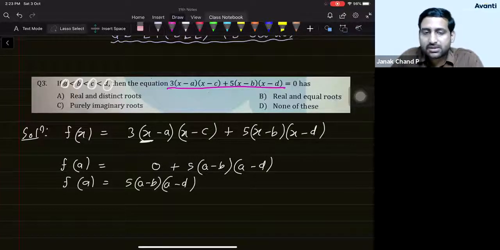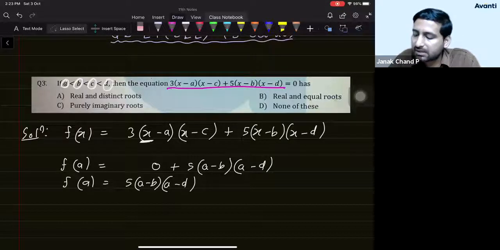Now remember here, students, they have given the information that A, B, C, D are in increasing order. That means, even though I do not know the values, since the values are not given, we cannot calculate them. But what information is given in the question is that they are in increasing order. That means D is greater than A and B is greater than A, because A is the smallest number.